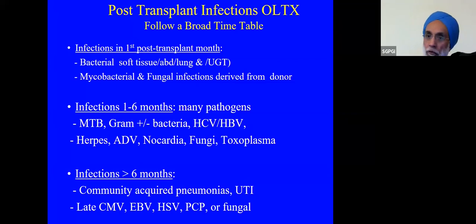Later on, let's say from 1 month to 6 months, you see other pathogens, such as tuberculosis, gram-positive or negative bacteria, Hep C, Hep B, herpes, adenovirus, so on. After 6 months, the commonest infections are community-acquired pneumonias, urinary tract infections, and then late presentations of different viruses, including cytomegalovirus, EBV, herpes, pneumocystis, or fungi.